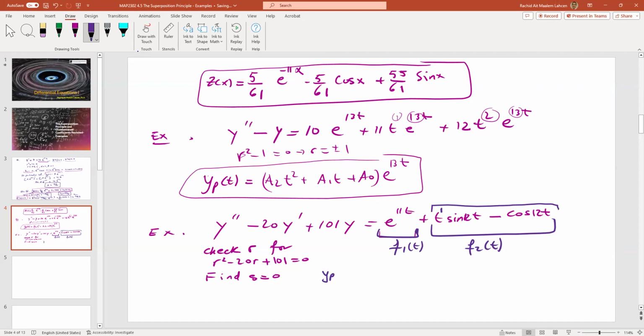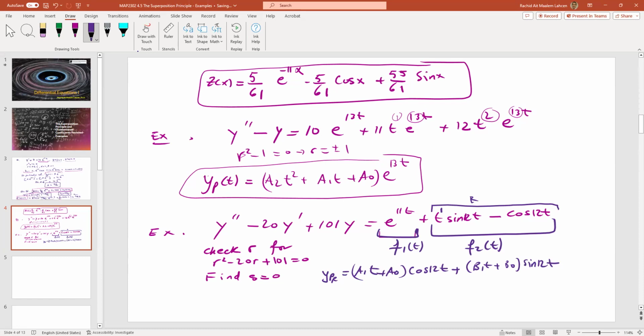So y_p, if I call this the trig part, let's just call it y_pr, is a1 t plus a naught times cosine of beta t, which is 12t here in the function, and we use b constants here. All right, so we get that, and that's good.